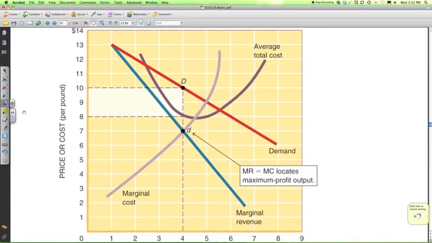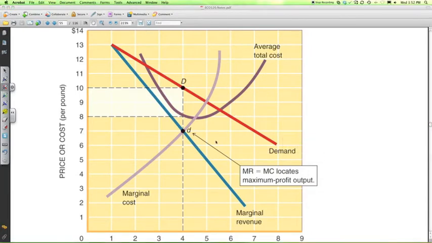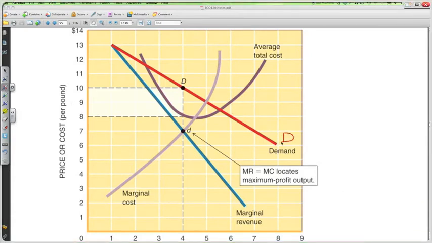So here in our graph, you can see the demand curve. If it'll let me draw it for you guys. We have our demand curve, marginal revenue curve below that, and then we see our marginal cost curve and the average total cost curve.